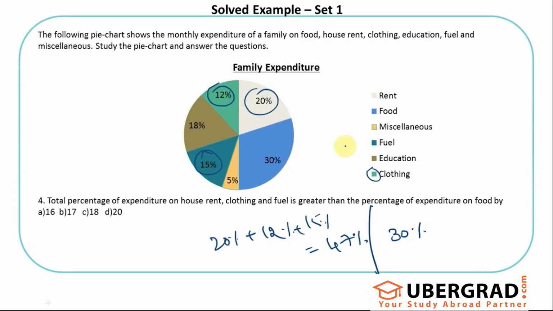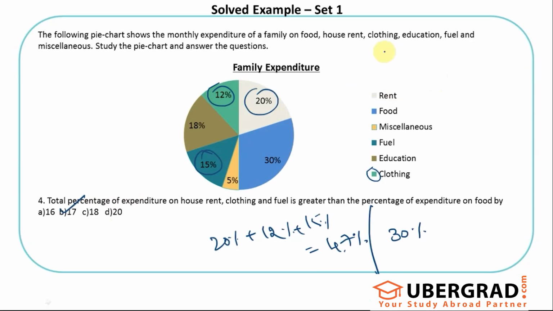Ideally, this is a bit confusing actually. It's not right in terms of the way the statement is set up. It should have been that the total percentage of expenditure is greater than the percentage of expenditure on food by. Here I can see option-wise it should be 17, so 47%, 30%. But when I say something is more than something by what, it should have been slightly more clear.